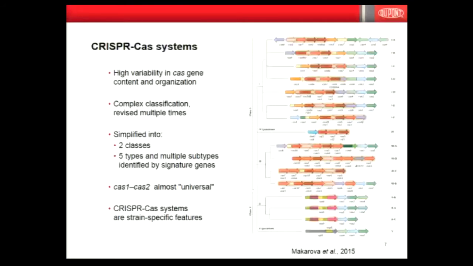So class 1 here and class 2. Class 2 define systems with a minimum number of genes, between 3 and 4, while more Cas genes are involved in class 1 systems. Those two classes are divided into types and subtypes that are defined by the presence of some signature genes.